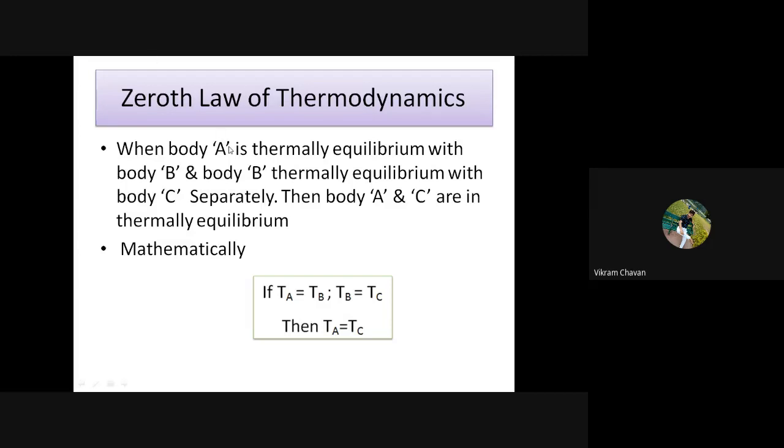So please note down the zeroth law of thermodynamics statement.